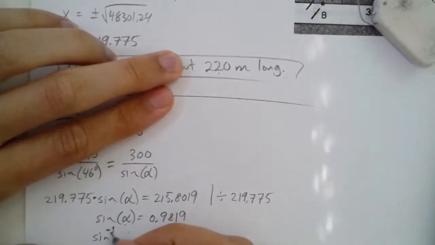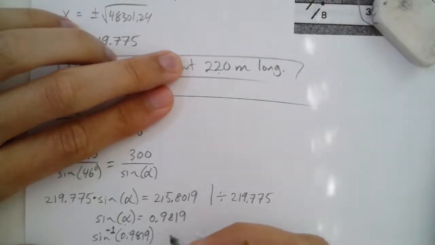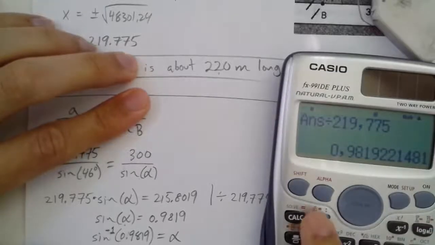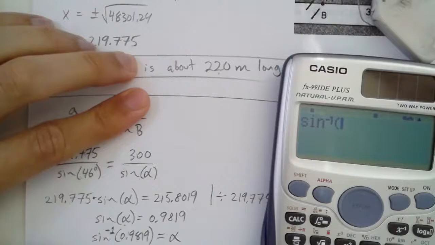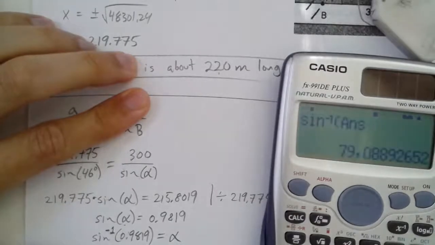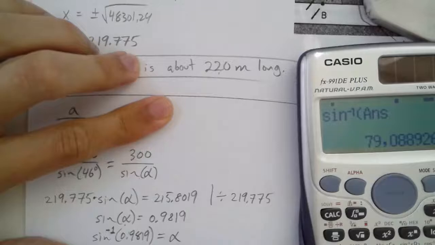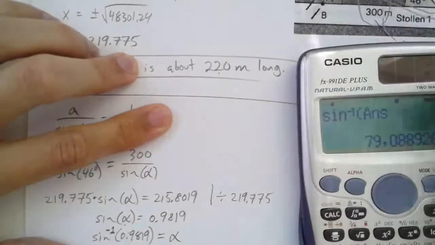So I'm going to press shift sine, and then the answer that I just had. So I got 79 degrees. And it doesn't say round to the nearest degree, but the problem gave me 46 degrees, so I'm just going to round it to the nearest whole number. So therefore, I get, like I said in the calculator, 79 degrees.